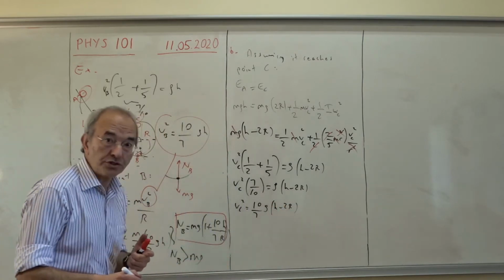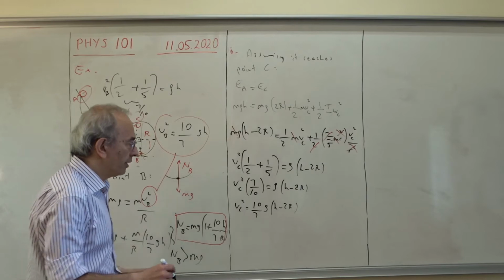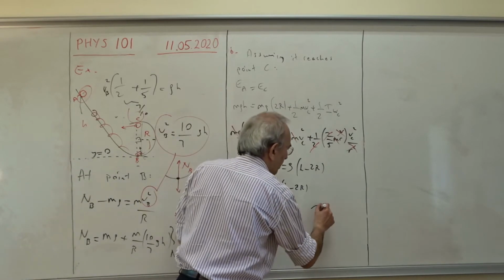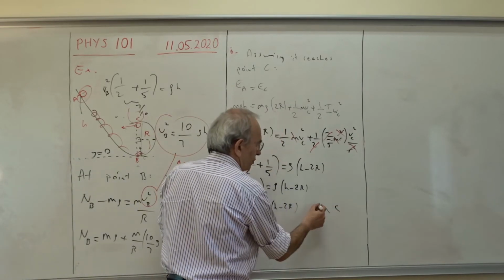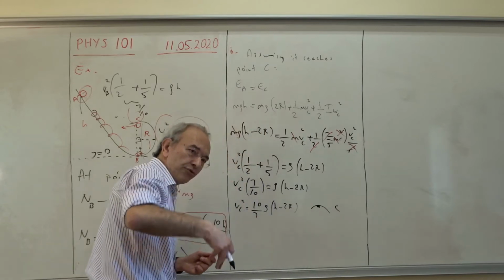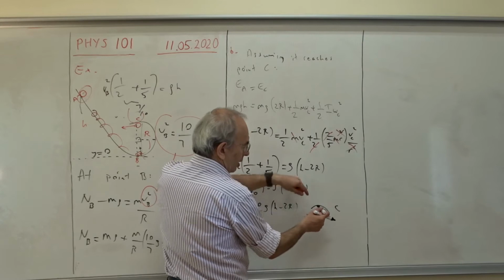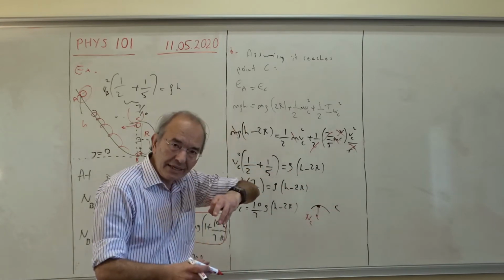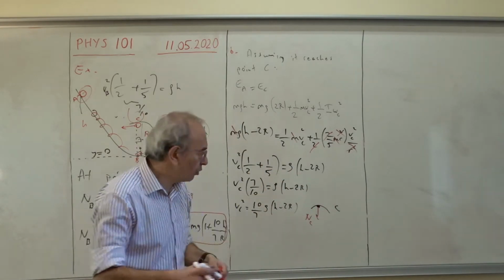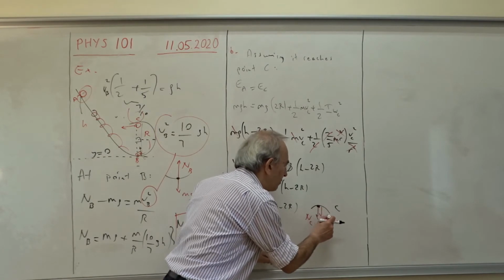But what about the forces? Now the forces are, as it passes by point C. This is the object, and the forces are both downward, because normal force is applied by the road, by the inside of the road, so it is downward, and also the weight mg is acting down.